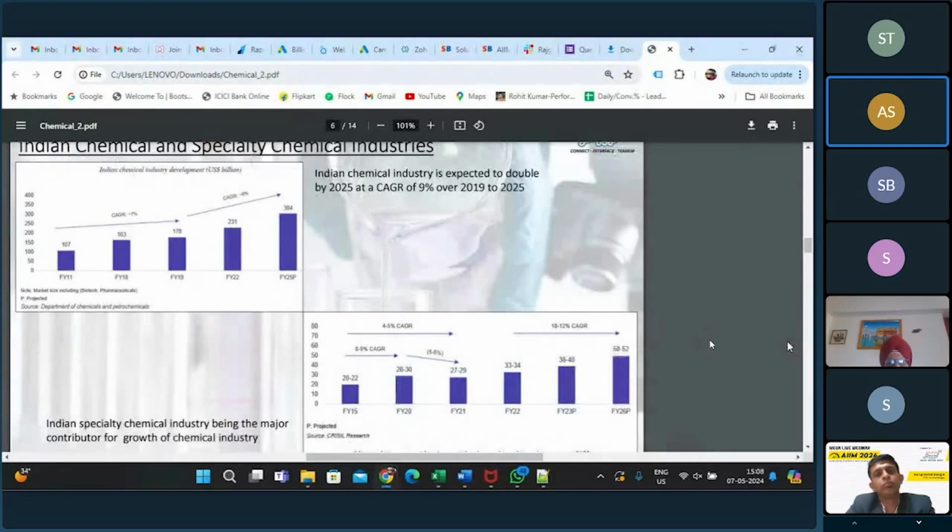In the specialty chemical industry, the growth rate has been tremendous. And that is how it is contributing majorly to the overall chemical industry. So this shows that specialty chemical plays a very important role, and we have to work in specialty chemical in order to grow the overall segment.